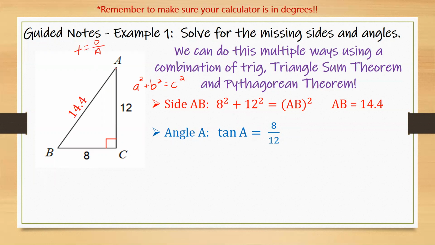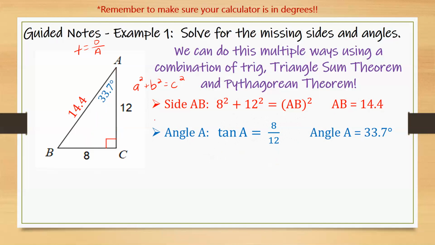If I have A right here, opposite is 8, and then adjacent is 12. So I have 8 over 12. What you're going to do in your calculator is say tan to the -1, the inverse of 8 over 12. When you're doing this, make sure your calculator is in degrees, not radians. Type that in, and you should get 33.7 degrees.